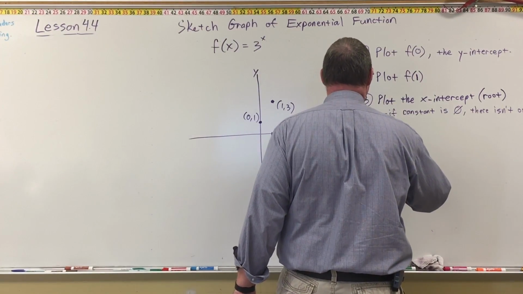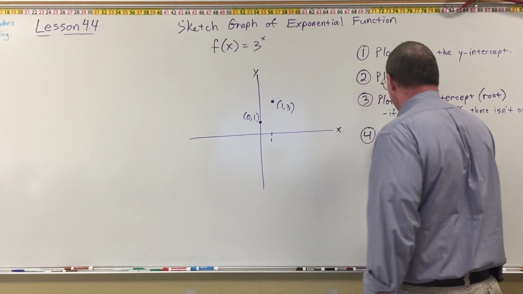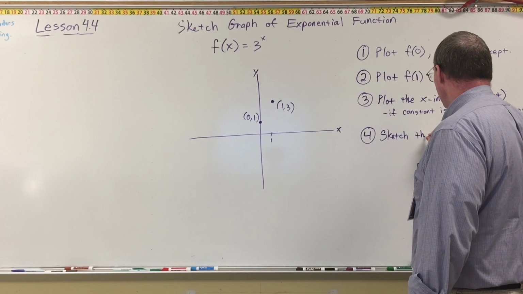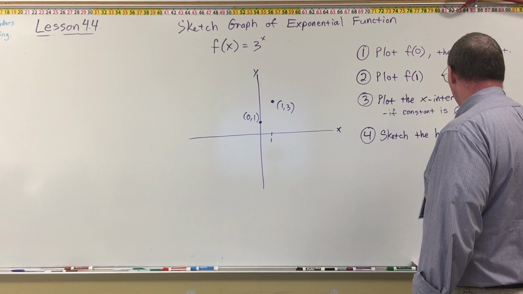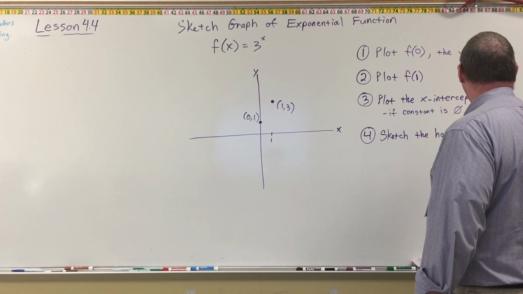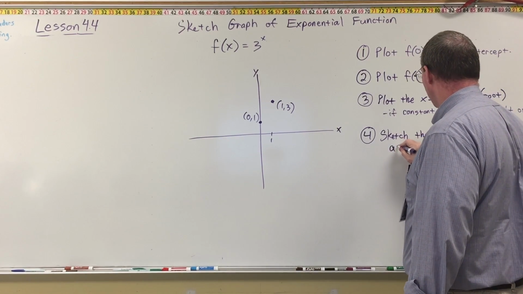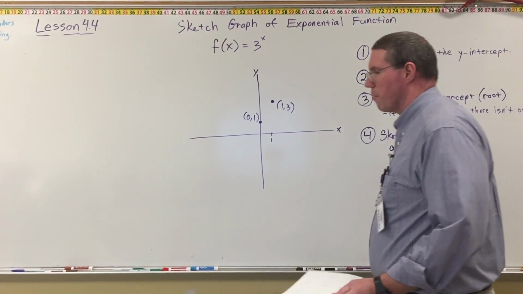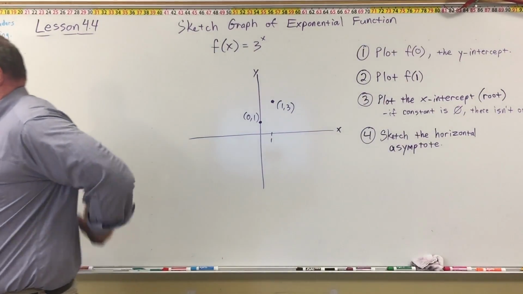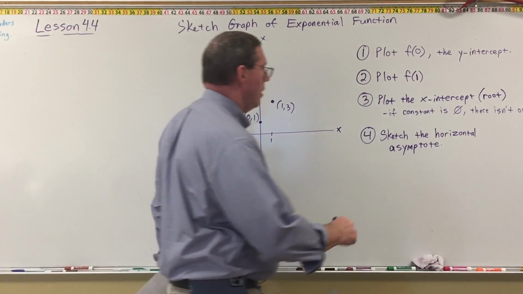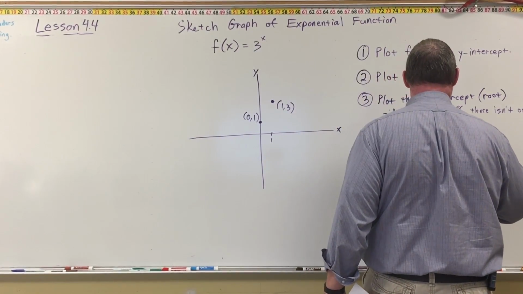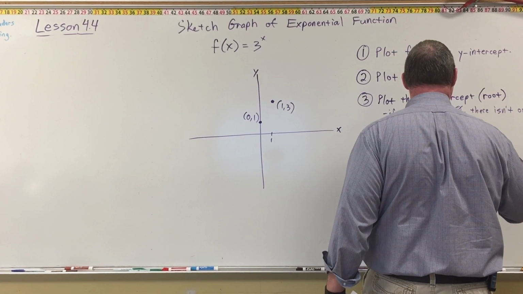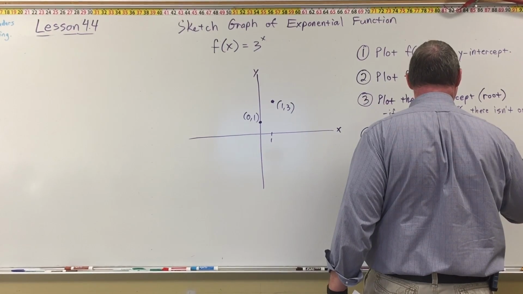We'll go ahead and put step 4. Sketch, now this is one I'm going to have to explain. Sketch the horizontal asymptote, which you can technically do first if you want to. The horizontal asymptote is a horizontal line.